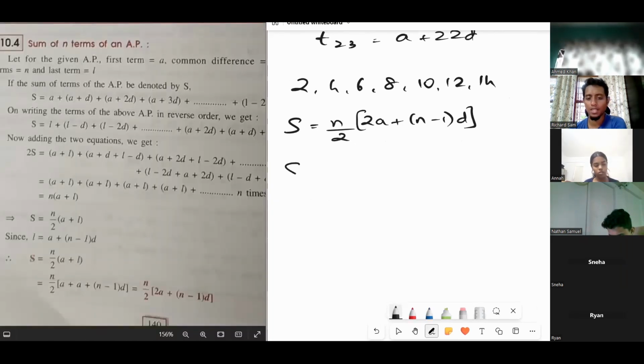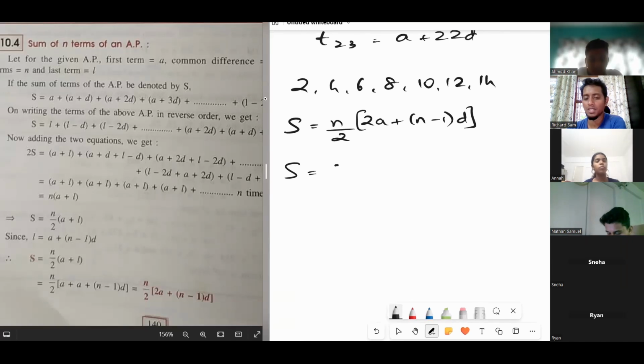Tell me, what is n? N is the number of terms. How many terms are here? 7. So 7 upon 2. Unfortunately, we can't cut this, so leave it as it is. Then 2 into A is 2 plus n minus 1. N is 7, so n minus 1 is 6, 6 into D. What is D?